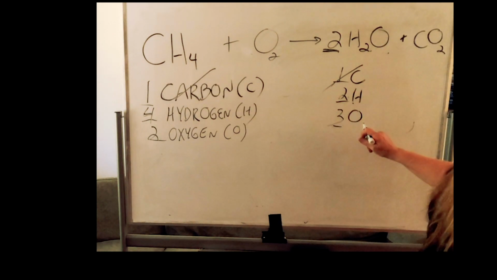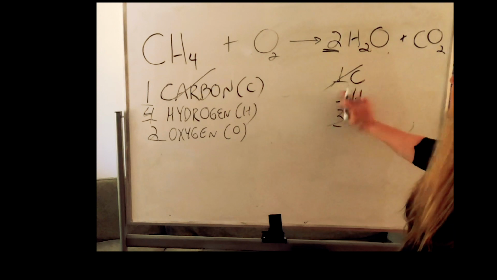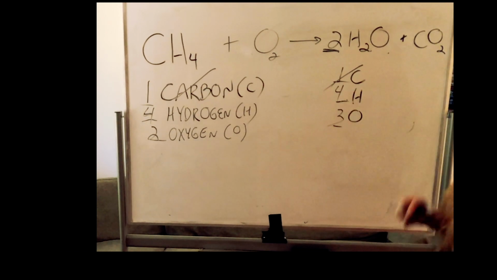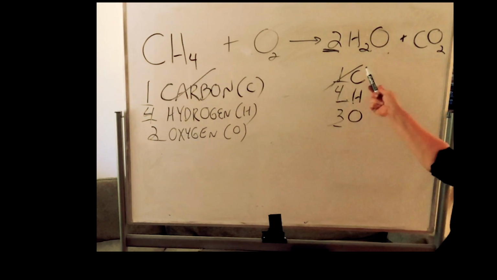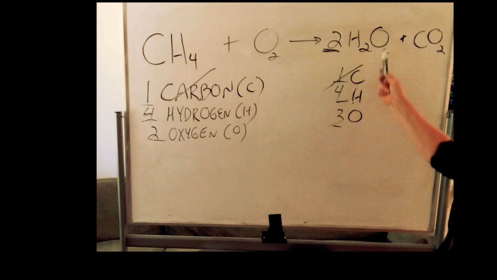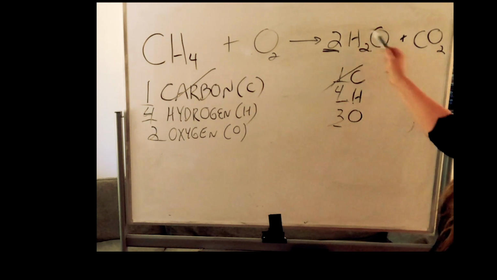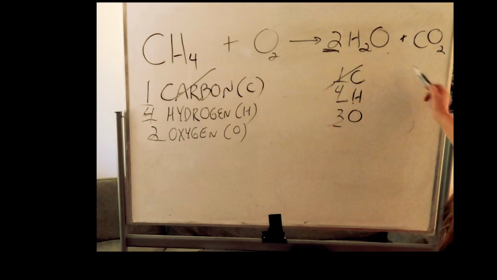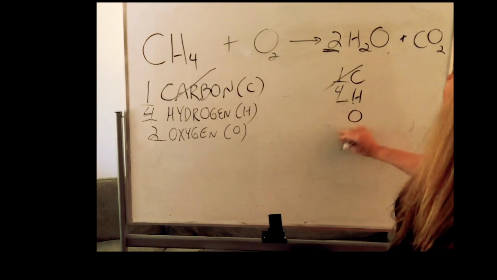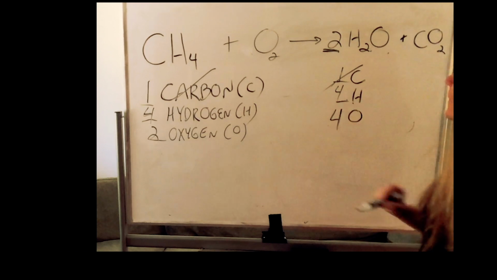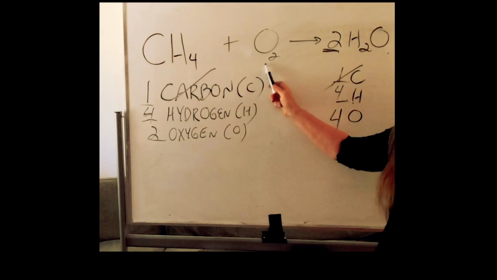But it might have changed the number of oxygens we have. So now over this side we have 2 oxygen here, and we have 2 oxygen here. So now we have 4 oxygen on this side. On this side we have 2.